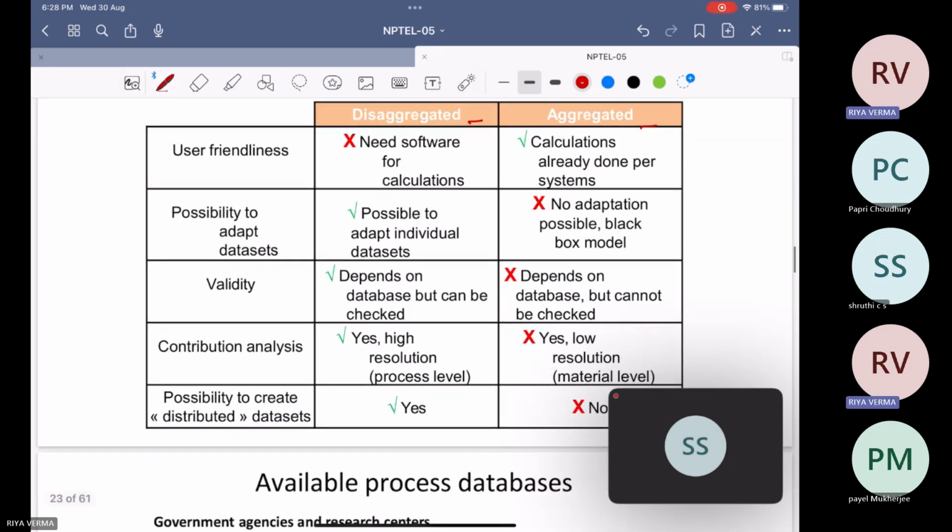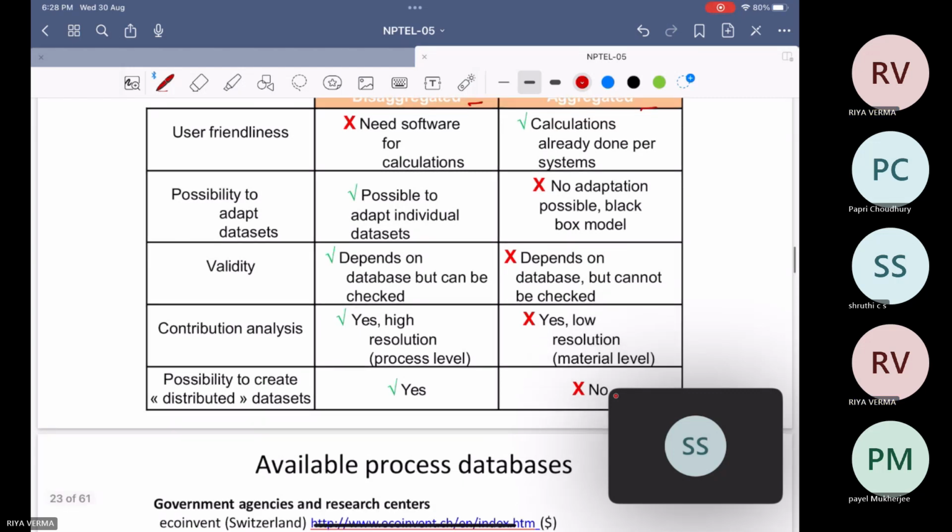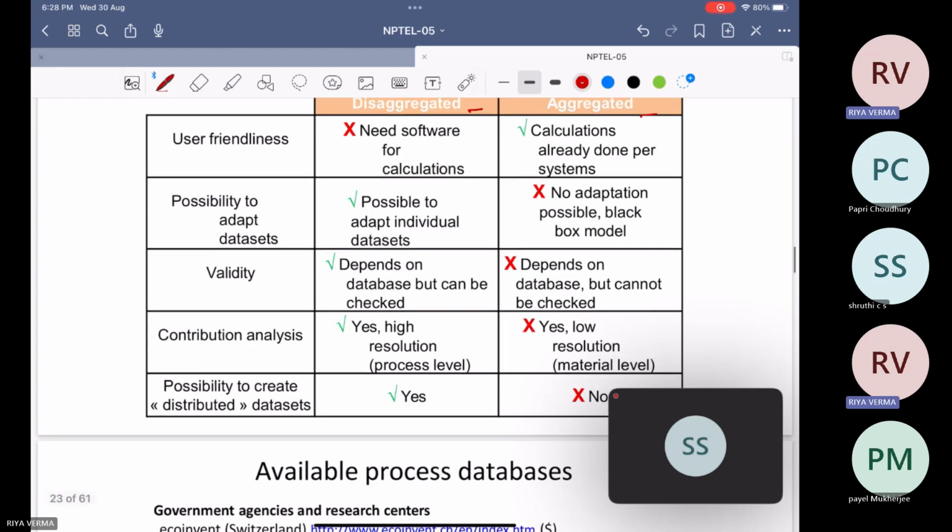Then validity of the data. It depends on the database, but can be checked in a disaggregated database, whereas in an aggregated database, it depends on the database, but cannot be checked. The contribution analysis has high resolution and is possible in a disaggregated database, whereas in an aggregated database, the contribution analysis is possible, but the resolution is very low.